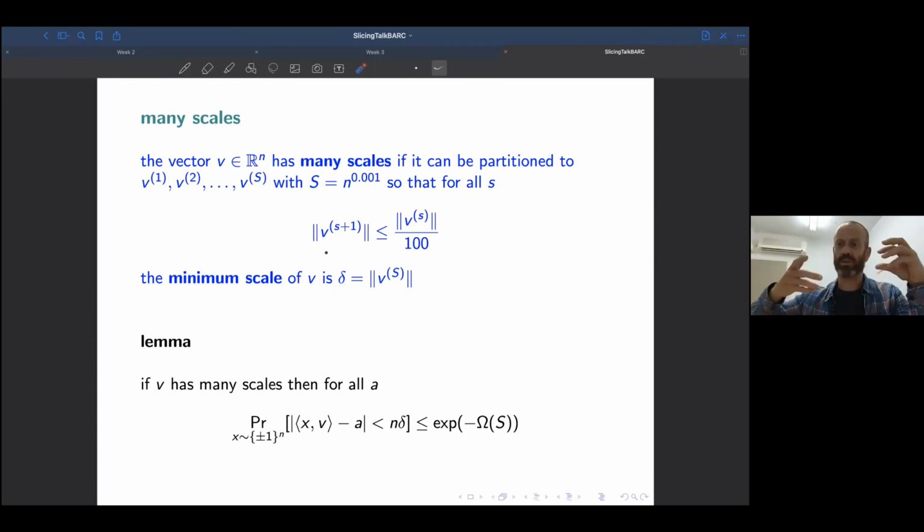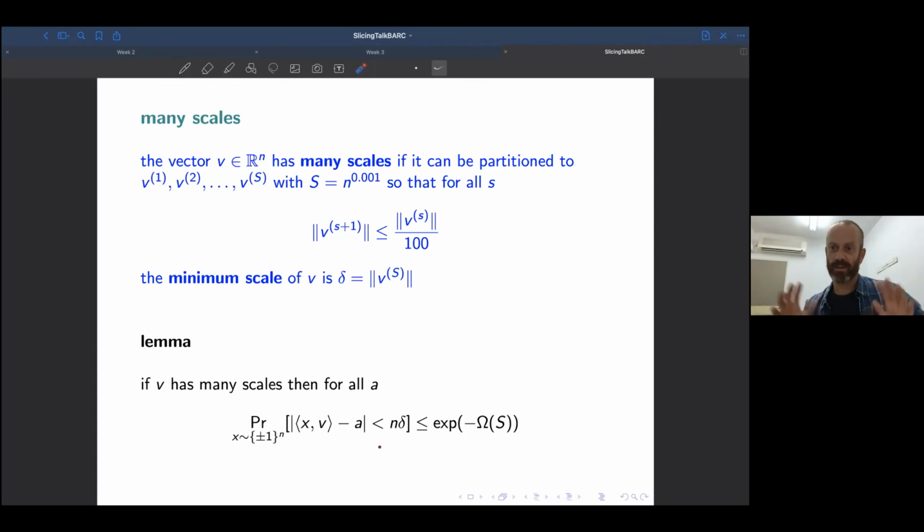Now, if we choose a random signing, what is the probability to hit a single value? It's 2 to the minus S, because the binary representation is unique. So if we want to choose a number, there is a single signing that gives us this number. So this is the intuition, and this is some way to formalize it.